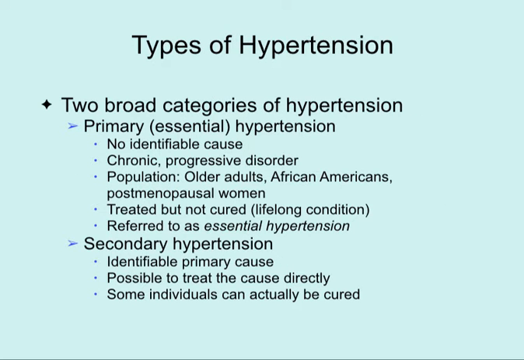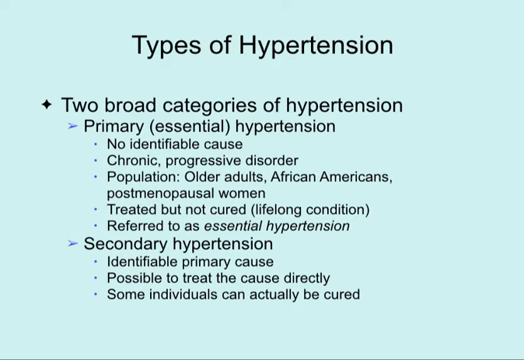In terms of hypertension, there are two broad classifications. We have primary or essential hypertension, and then we also have secondary hypertension. Primary is essentially there's no identified cause. They just have hypertension. Sometimes it could be genetic, and obviously there are lifestyle factors that play a role.